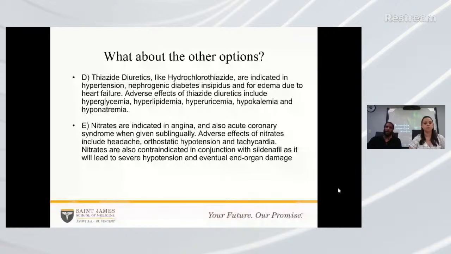And nitrates are drugs commonly used in angina and acute coronary syndrome, given sublingually to relieve chest pain associated with angina. The adverse effects of those: headache, orthostatic hypotension. So as you change positions, let's say from sitting to standing, your blood pressure drops.